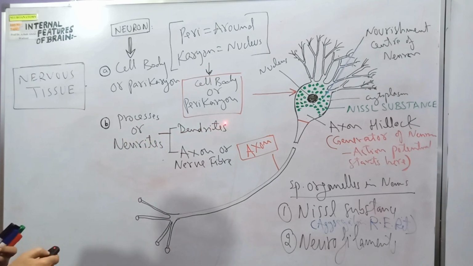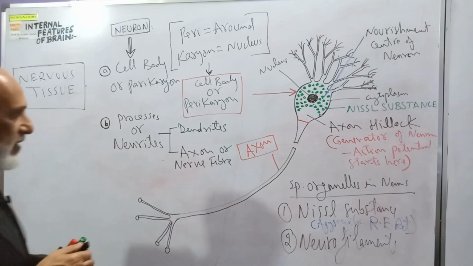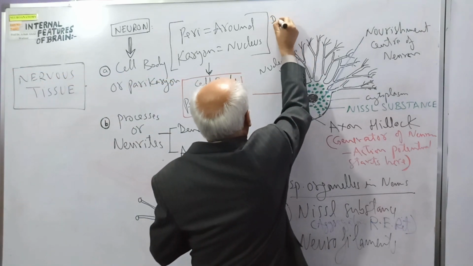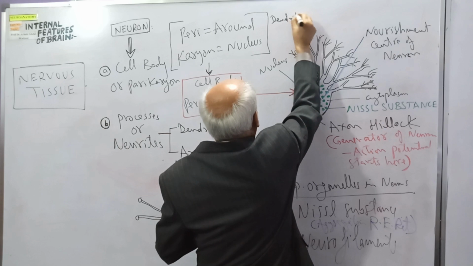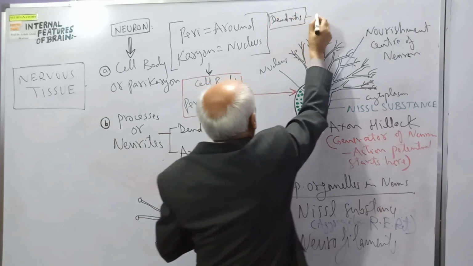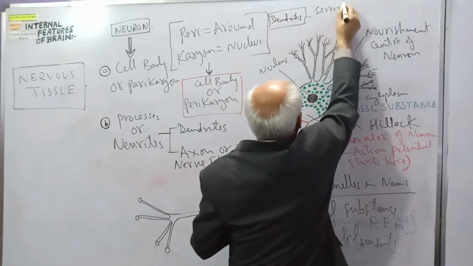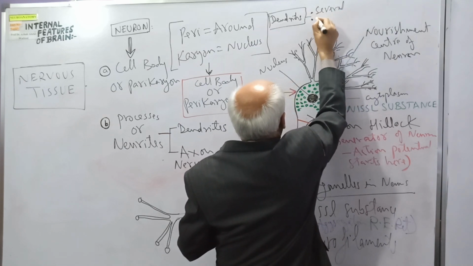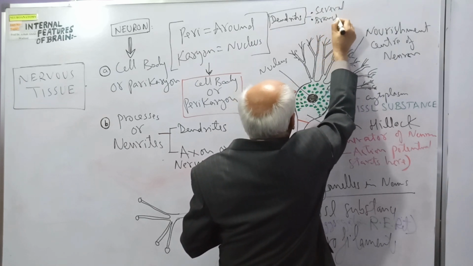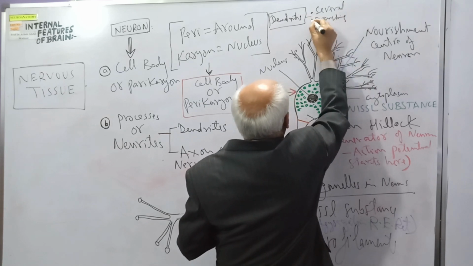What is the difference between dendrites and axon? You can see here, dendrites are several, they are branching, and they are shorter as compared to the axon.